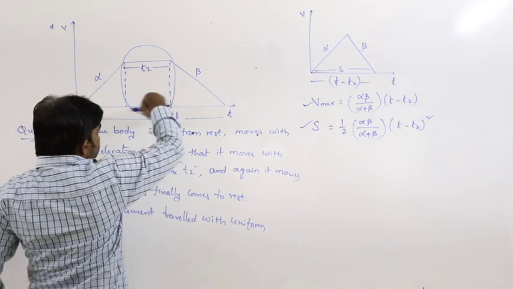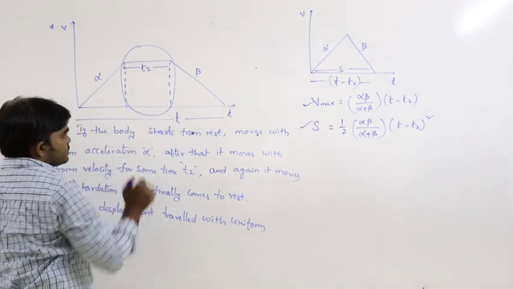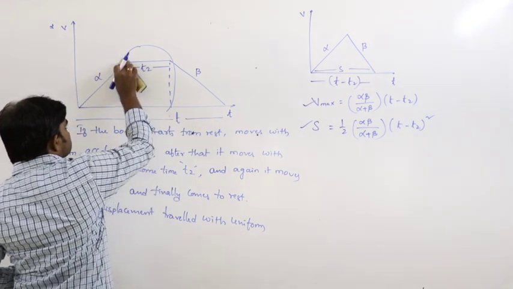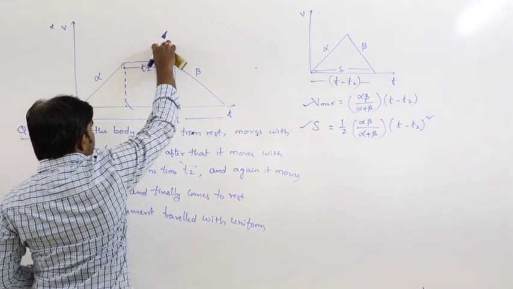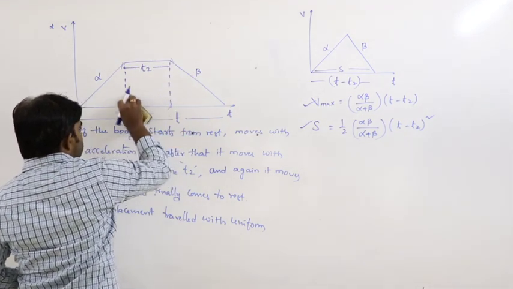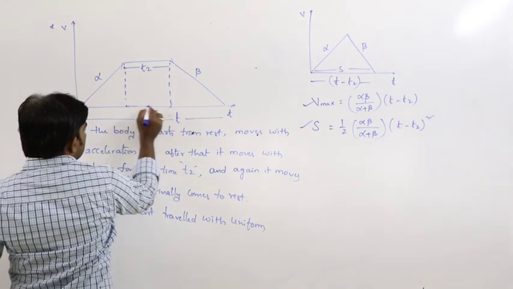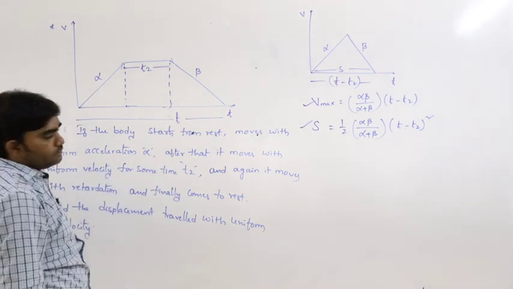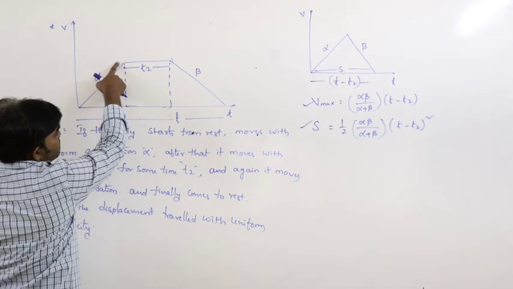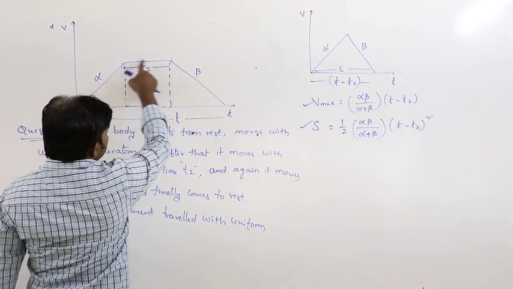Then if we include this one also, now we consider this graph. Here the uniform velocity is included in this situation. Whatever is the velocity here, the same velocity the body travels with.